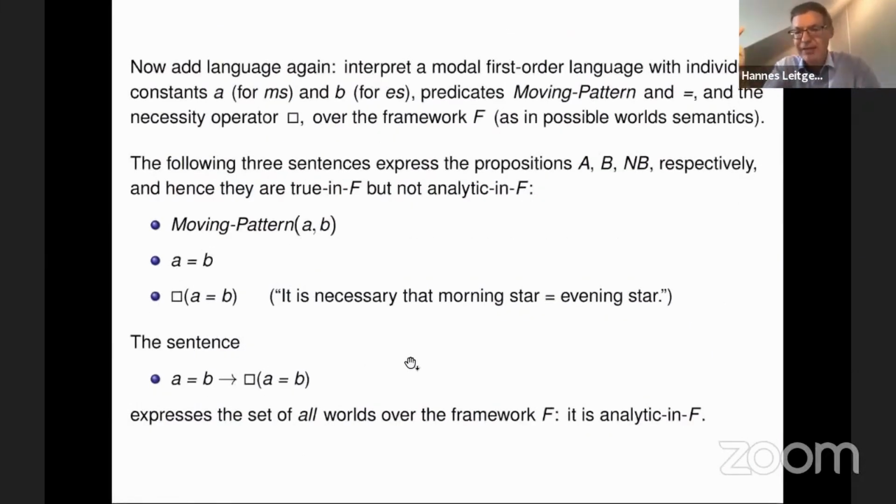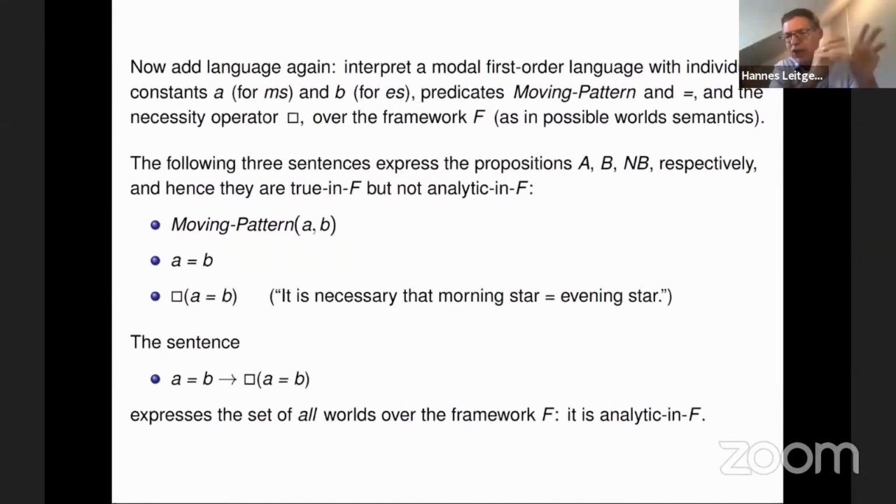Add a language again. First to the language, say we have individual constants for the morning star and the evening star, predicates for the movement pattern and for identity, and a necessity operator, a sentential necessity operator, as in standard possible world semantics. And then you can make now more precise what I said before, that in colloquial English, certain sentences would express propositions.